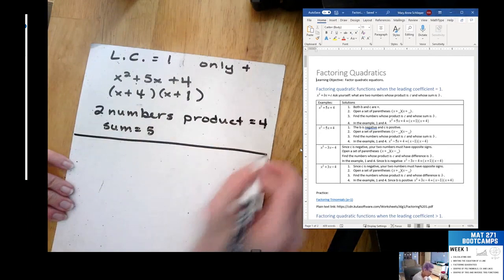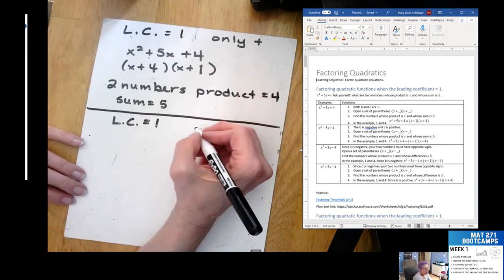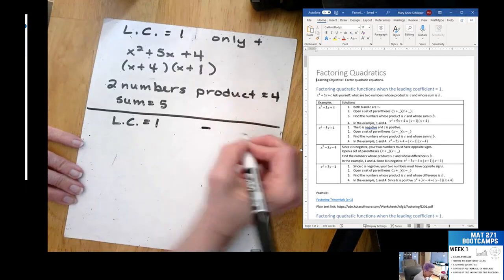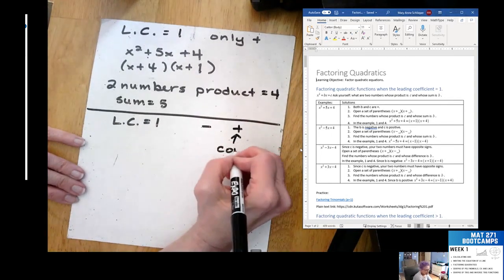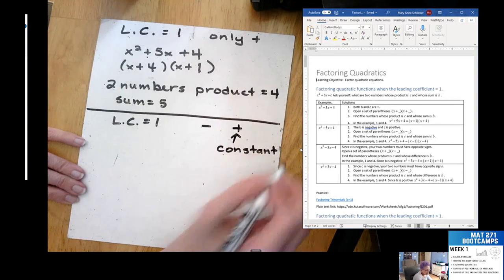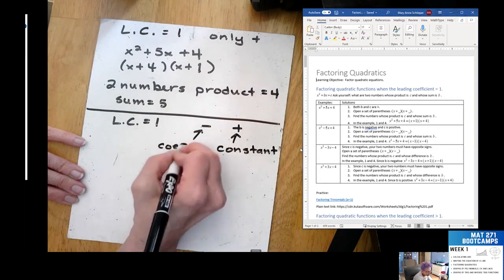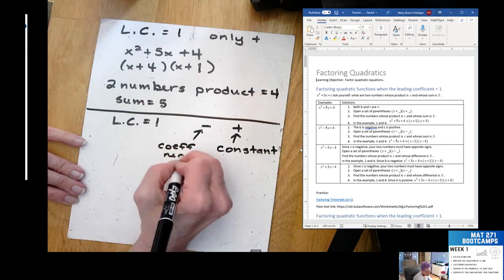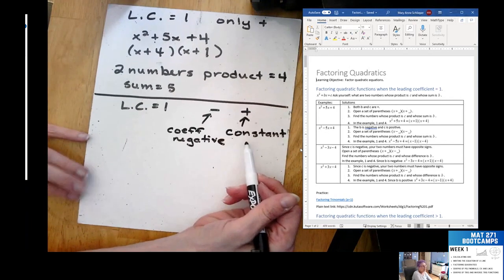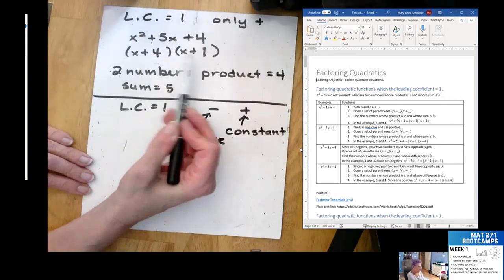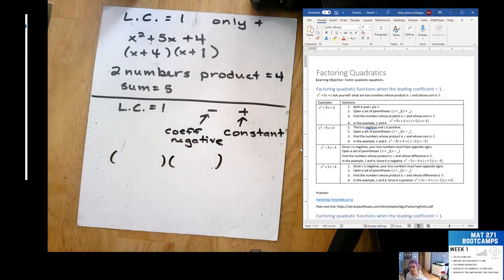Okay. Leading coefficient is 1, and we have the pattern of minus plus. So the constant term is positive, but the coefficient on the x term is negative. Well, since the constant is positive, that means that the two factors, the two numbers, have to have the same sign.